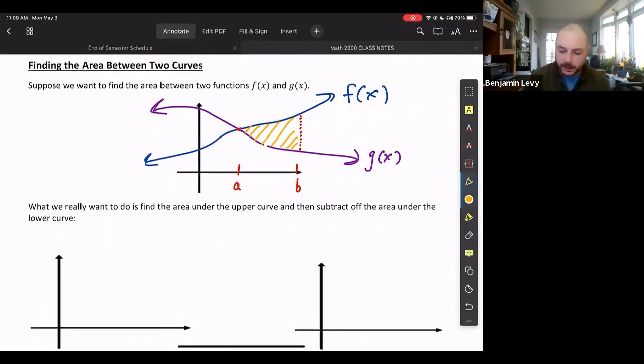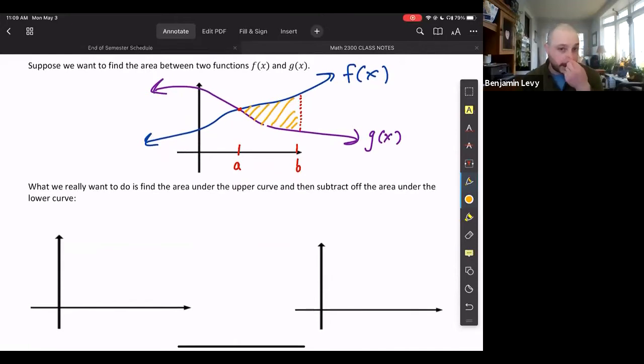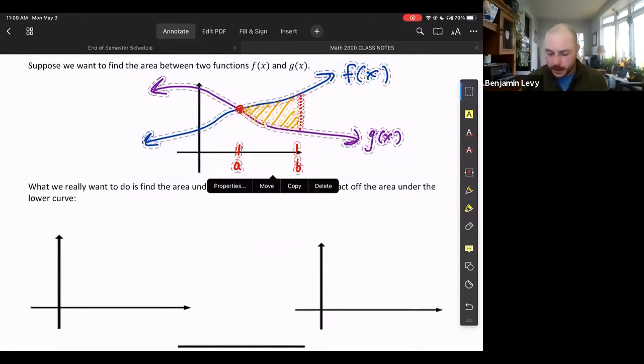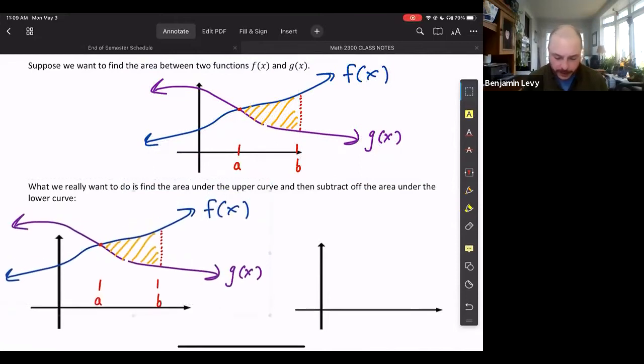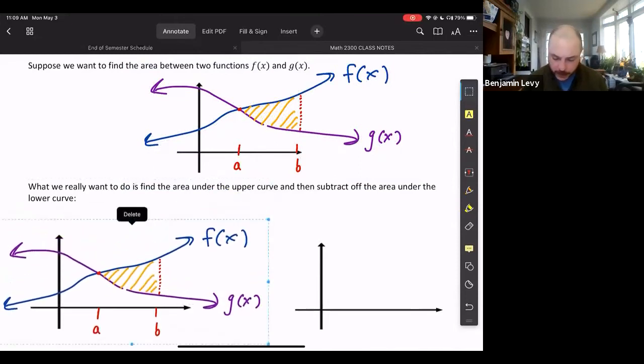And I want to have that graph also on these other 2 plots here. So I'm going to use the magic of my iPad and copy these 2 graphs over there. But I would encourage you, if you're doing this by hand, to try to draw the same picture 3 times.